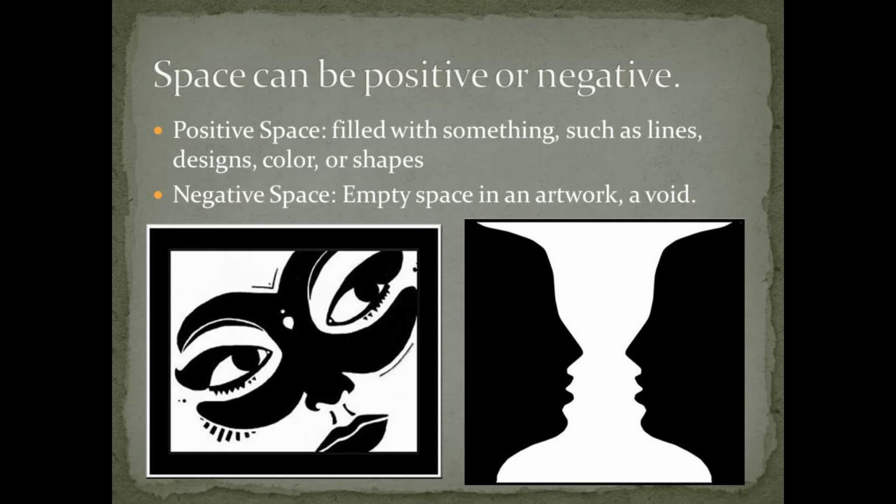Space can be positive or negative. When we say positive space, it is filled with something such as lines, designs, colors, or shapes. And when we say negative space, that is the empty space in an artwork, a void, or the space around the subject.